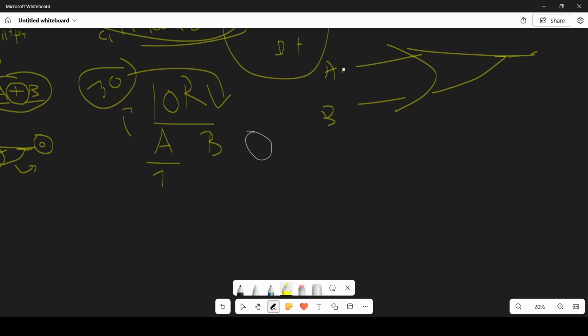Let's say I give one value to A, or we click the button 1, and we didn't click the button of 0. As the formula said, if there is at least one true value, or 1, it will give the output 1. So 1 and 0 will give us the output 1.